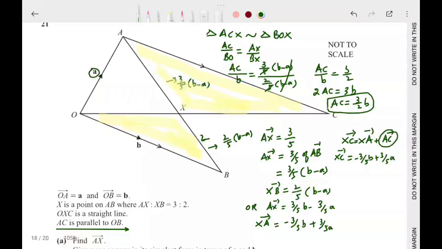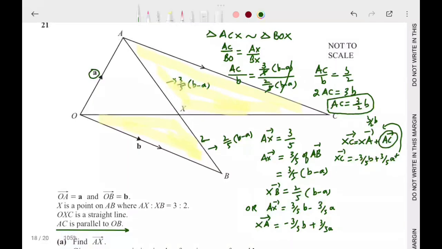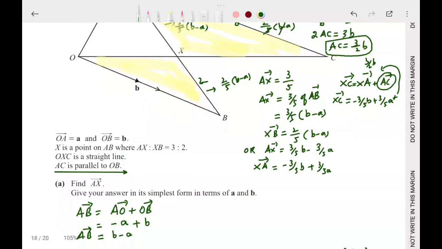Now I am going to write this value over here, that is 3 over 2b. Now I am going to solve it. So xc would be equal to minus 3 over 5b plus 3 over 2b plus 3 over 5a. Now take LCM of these two values with the same letter b.